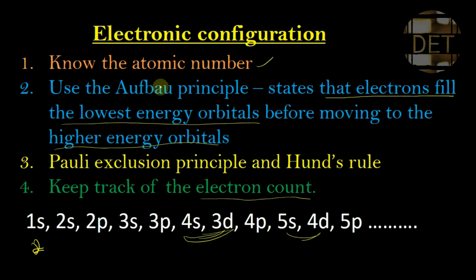You must use Aufbau principle. That means you must fill the lowest energy orbital with electrons first before moving to the higher energy orbital. Then you must take note of Pauli exclusion principle and Hund's rule. Then keep track of the electron count as you are configuring.